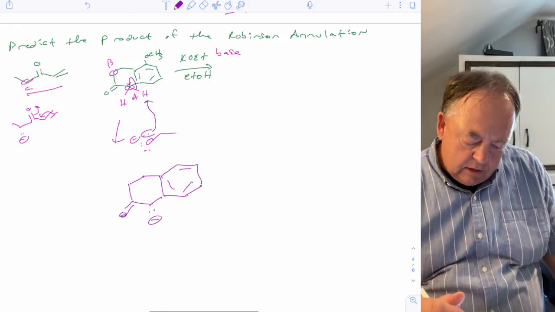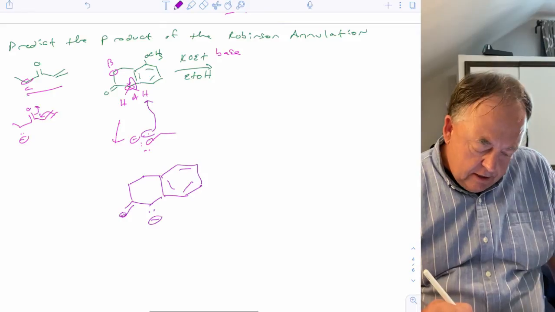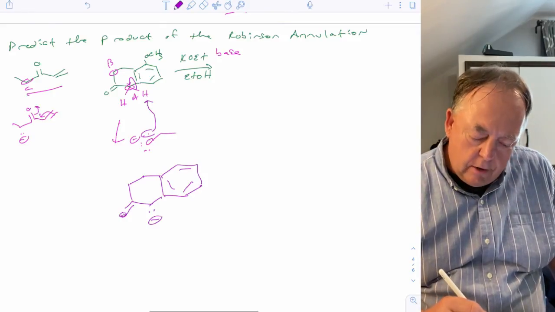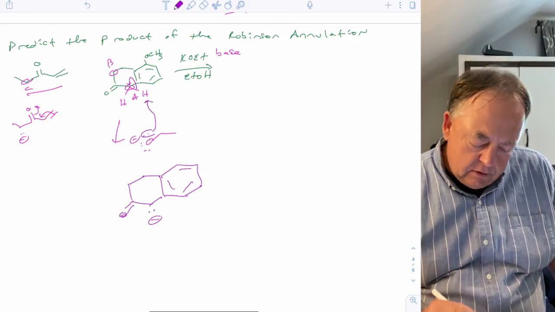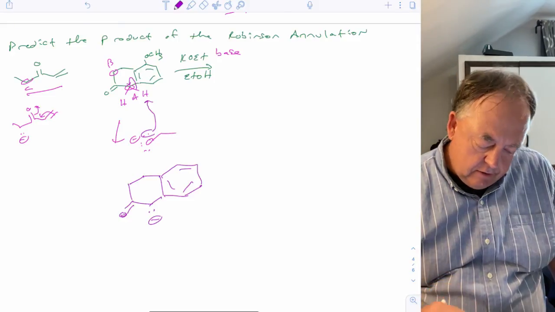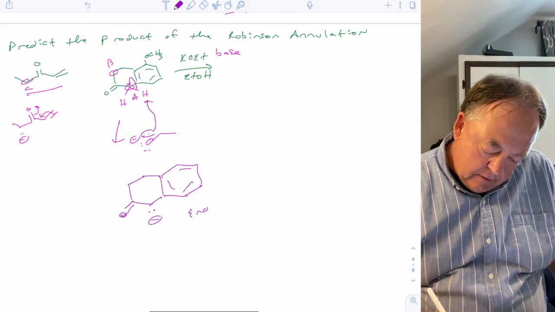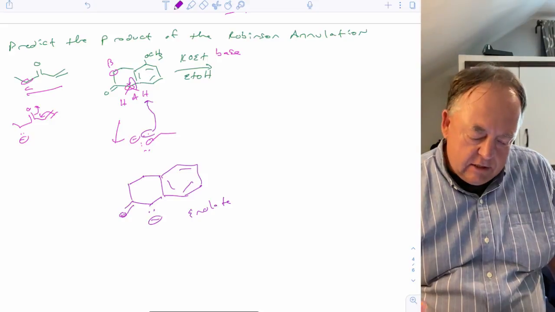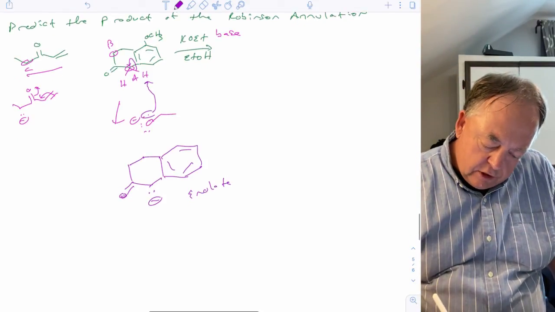So that's the most acidic position because that negative charge is resonance stabilized through the C double bond O and the benzene ring. So that makes those hydrogens the most acidic. Okay, so that's your enolate. What enolates do is Michael additions, so 1,4 additions.